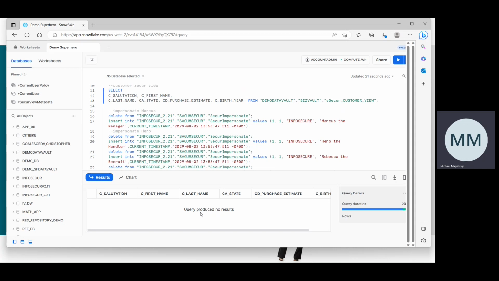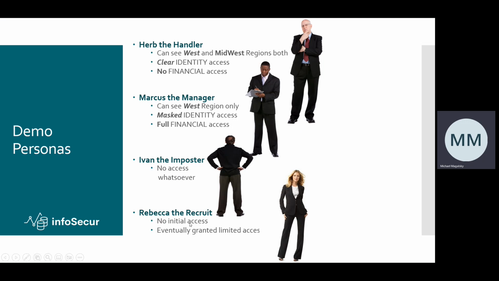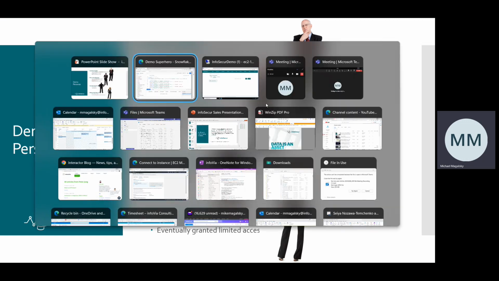Well, maybe we want to change that about Rebecca. Maybe we want to give her access, she's moving up the chain. So let's give Rebecca access to the Midwest region, say, and let's give her some identity access. Maybe the masked identity access that Marcus saw.